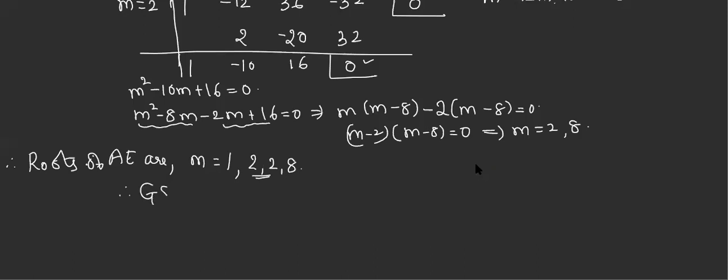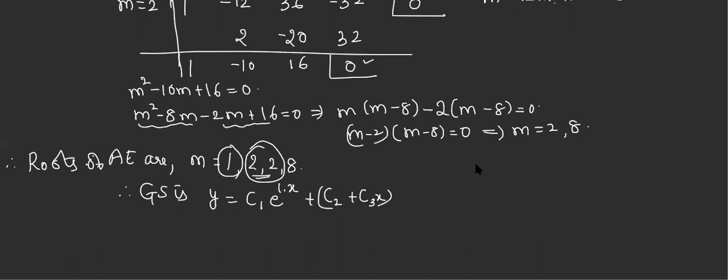Therefore, the general solution is y equal to. For an unequal root, how to write? C1 e raised to that root into x. How to write for the equal roots? C1 plus C2x, e to the power... C1 is used, so I'll use C2 plus C3x, e raised to that same root into x.